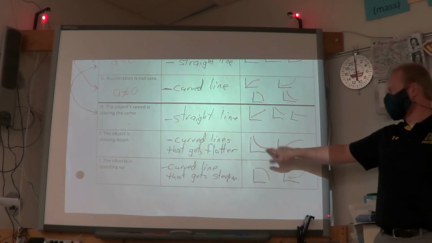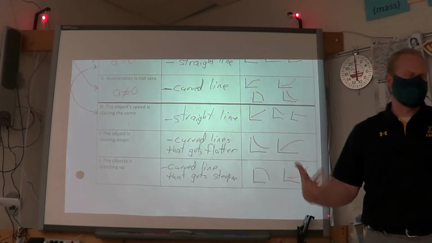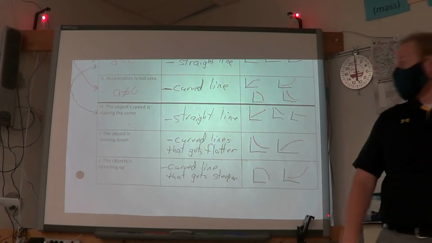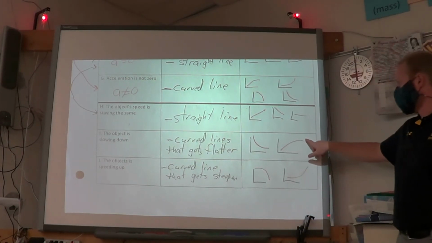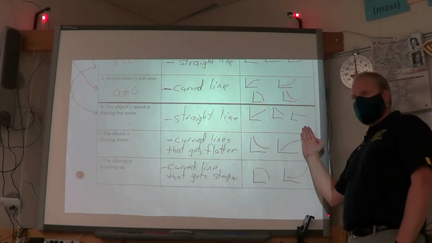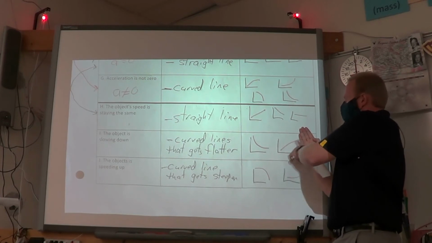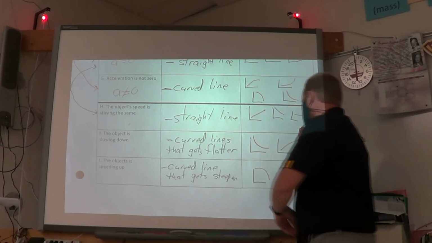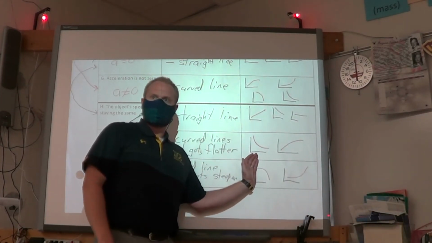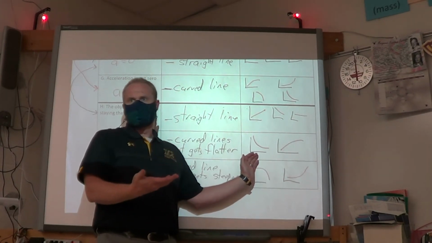This object probably stopped. That doesn't always happen. This could be a parabola, which could start going back down. This half would be slowing down in the positive direction, and the other half of that parabola would look like this. Now it's moving in the negative direction and it's speeding up.